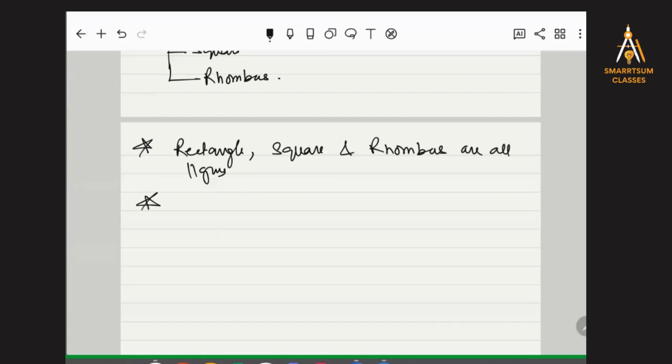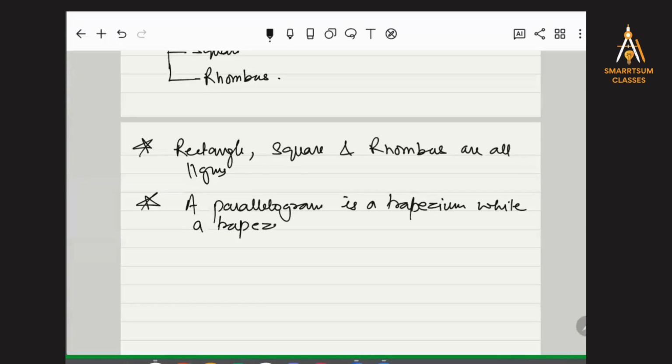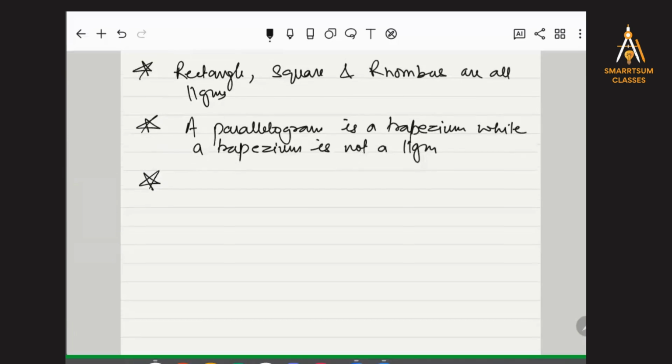Another point, a parallelogram is a trapezium. Everybody is writing, yes or no? Please tell me. But trapezium is not a parallelogram. Okay, trapezium is not a parallelogram. Every parallelogram is a trapezium, but trapezium is not a parallelogram, right?